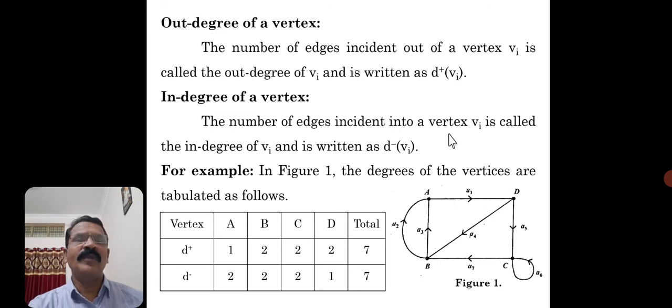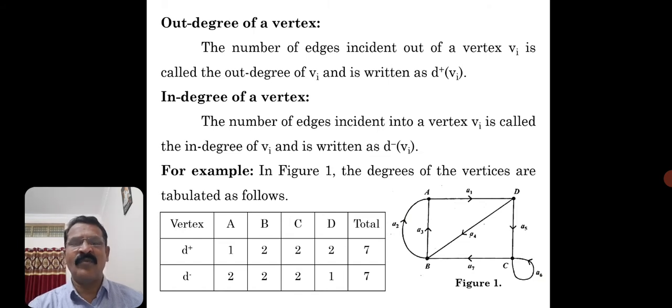What do you mean by in degree of a vertex? The number of edges incident into a vertex Vi is called the in degree of Vi and is written as D minus of Vi.